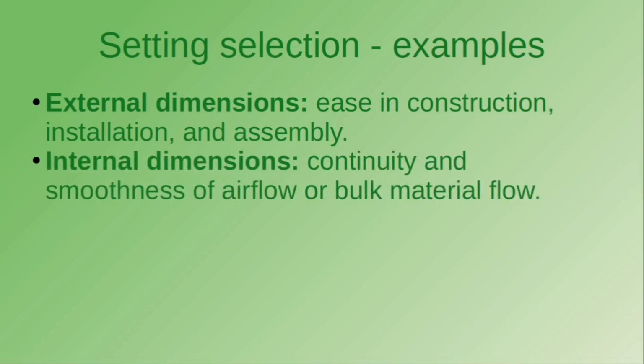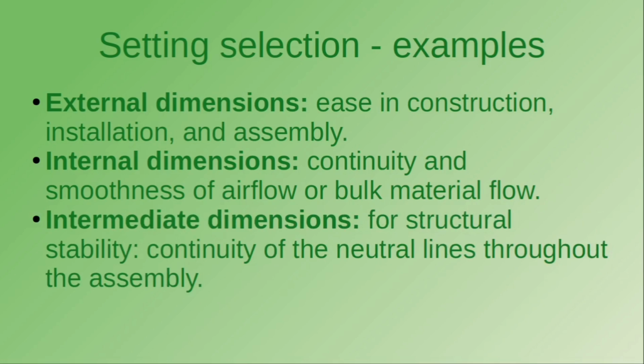Internal dimensions could be used when prioritizing the continuity and smoothness of airflow or bulk material flow, aiming for more efficient flow with fewer obstacles. Intermediate or centerline dimensions could be used when structural stability is critical, as they help maintain continuity in the neutral line across different sections throughout the assembly.